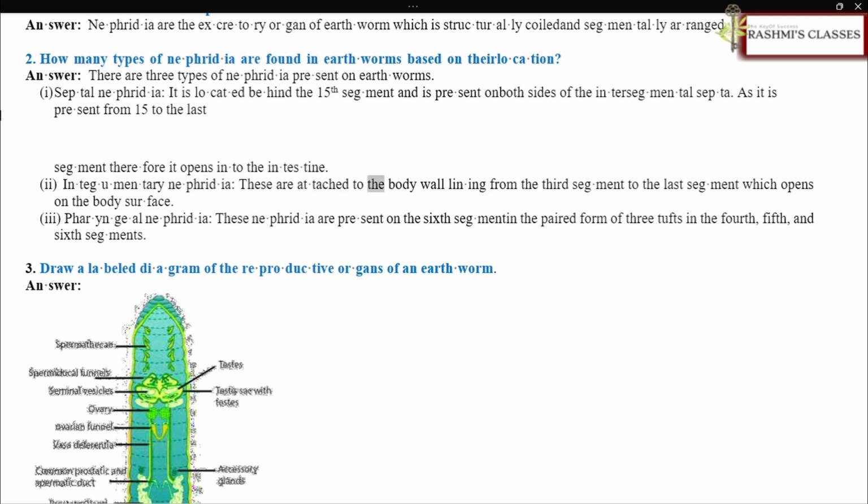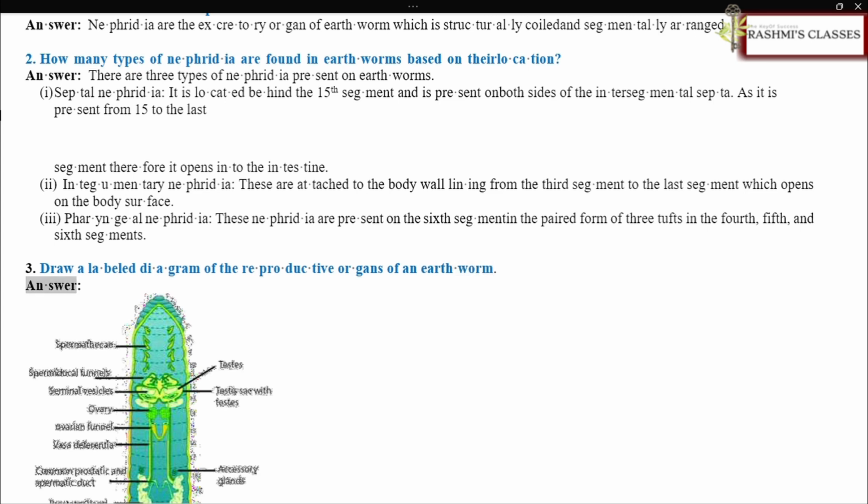These are attached to the body wall lining from the 3rd segment to the last segment, which opens on the body surface. Pharyngeal nephridia. These nephridia are present on the 6th segment in the paired form of 3 tufts in the 4th, 5th, and 6th segments.